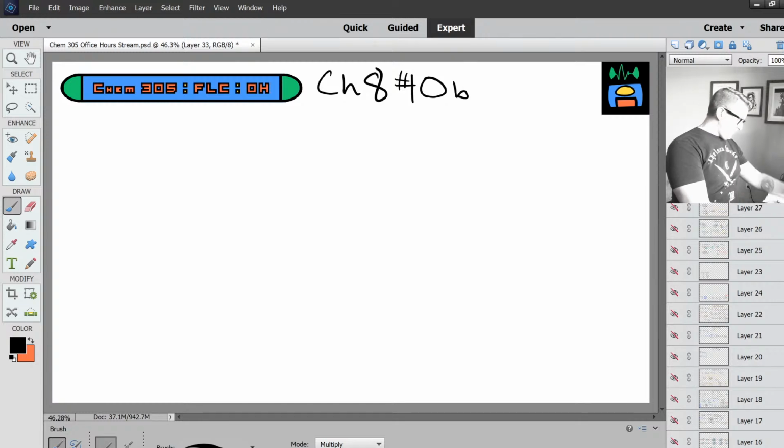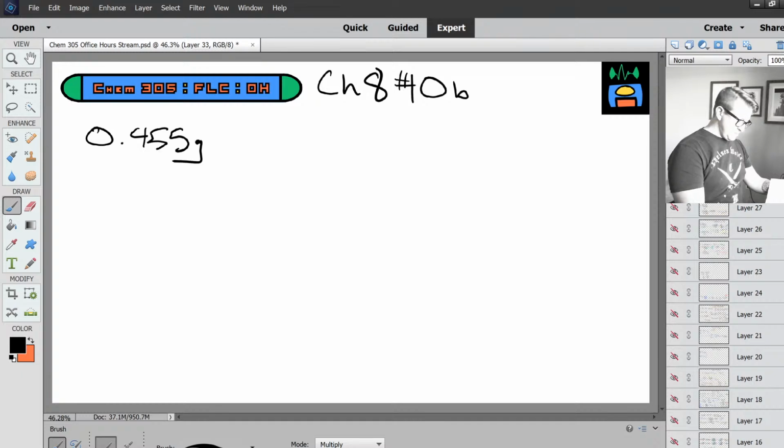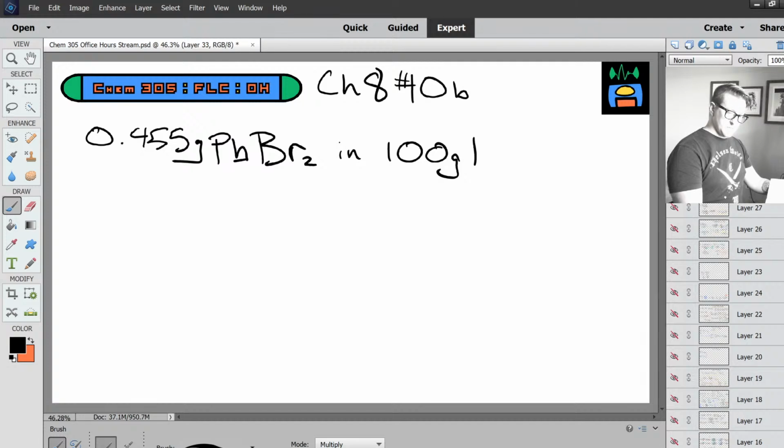Too bad I didn't move my finger there. Okay. So we have put 0.455 grams of lead 2 bromide in 100 grams of water.